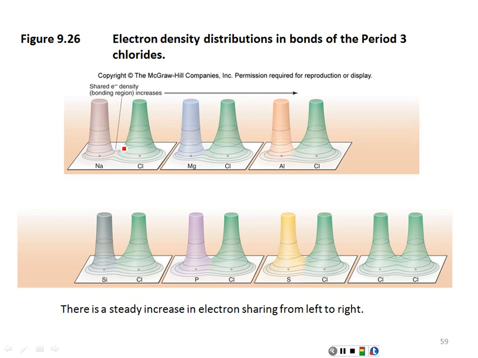So starting with a pure ionic compound like sodium chloride, you see that there's basically no density between the two, so there's no shared electrons. As we move across the period, the amount of density between the two nuclei increases until we get a chlorine-chlorine bond, which would be a pure covalent bond.